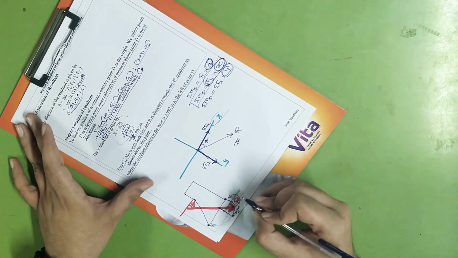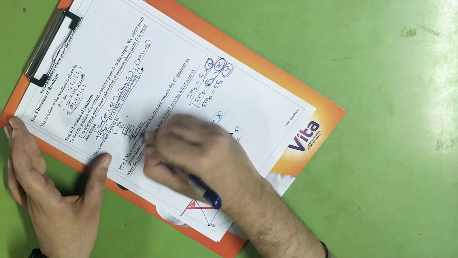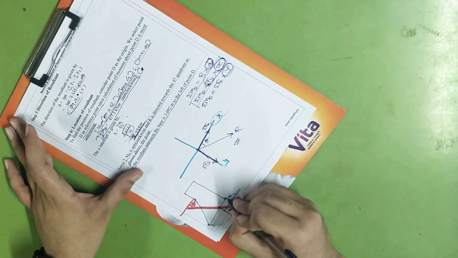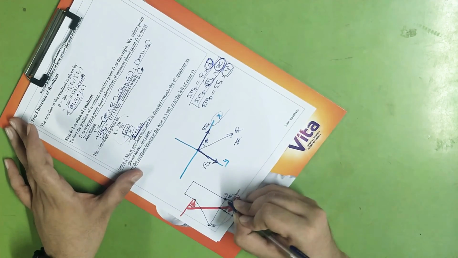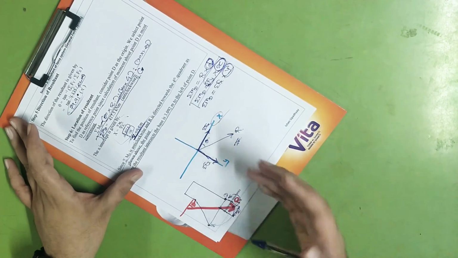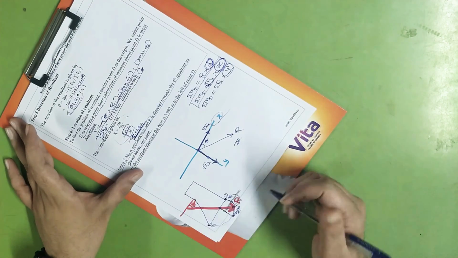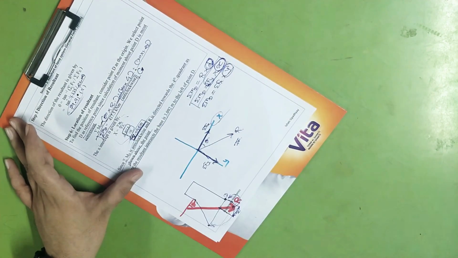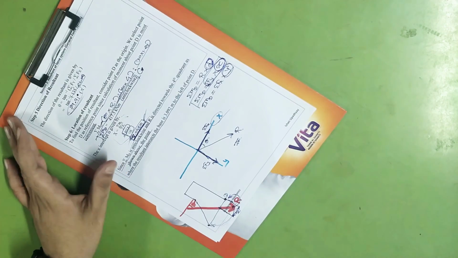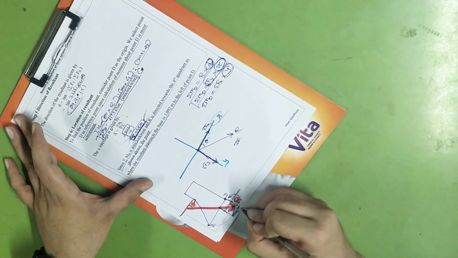Here I have assumed that this distance 3.092 is on the left hand side of point D, and I'm getting the answer as positive. When I'm getting the answer as positive, my assumption is right, and this x is equal to what?